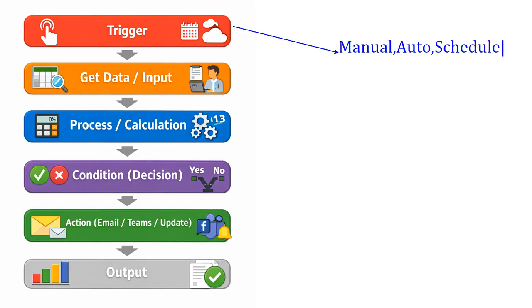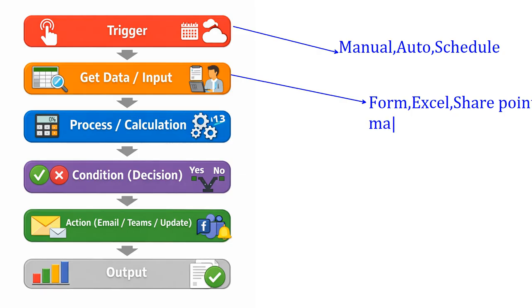Then, getting the data. As I told, there are many ways of getting the data. You can get the data from a form, from Excel, or from SharePoint. You can also input the data manually, at present, instantly, if you want to give data.